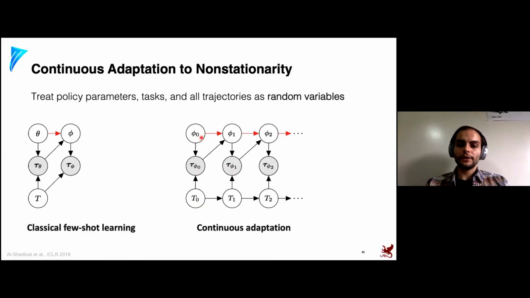And from a graphical model perspective, our original goal was to learn this adaptation function here. Now our goal is simply to learn an adaptation function that hops from phi0 to phi1 to phi2, etc. And given a fully specified graphical model, we can technically write down a hierarchical Bayes model and a generic inference function, and then try to approximate it.